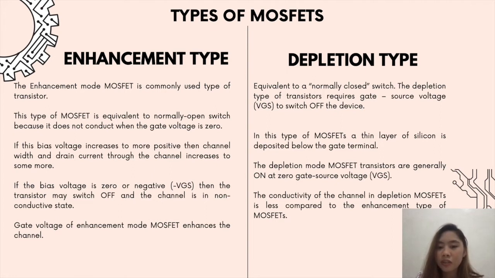As a result, the drain current through the channel increases. If the applied gate voltage is more negative, then the channel width is very small and the MOSFET may enter into the cut-off region. Depletion mode MOSFETs are a rarely used type of transistor in electronic circuits.